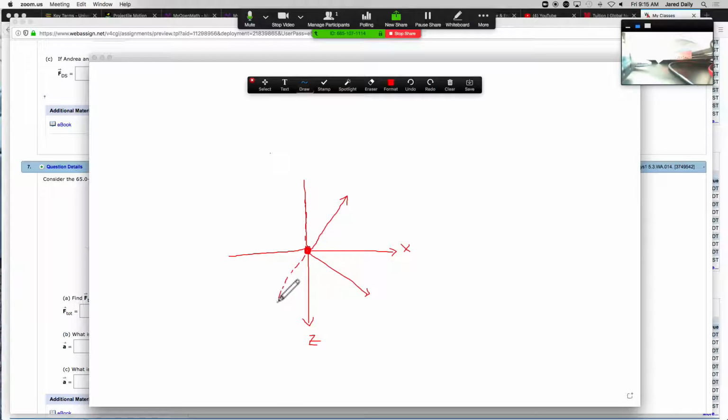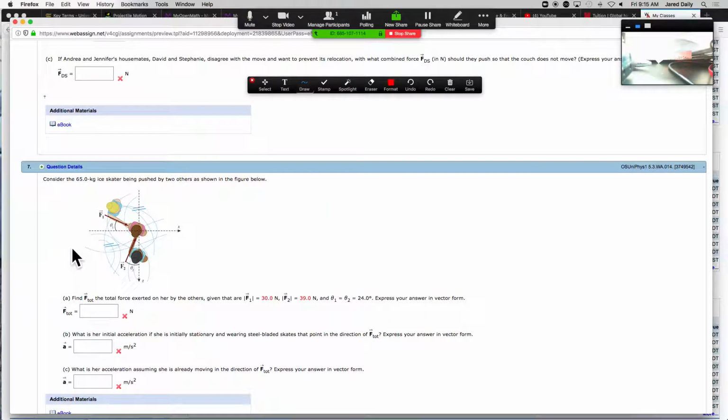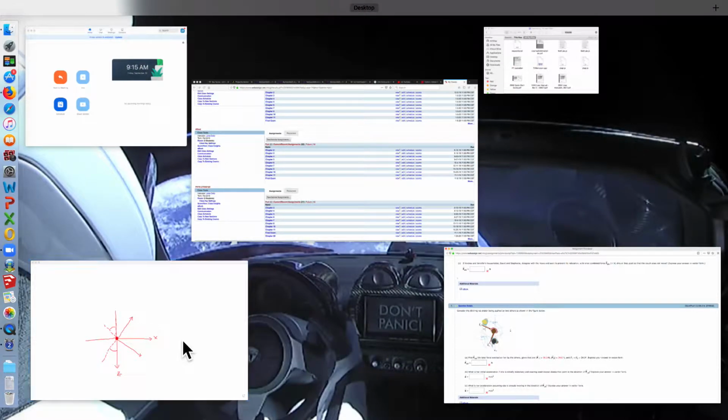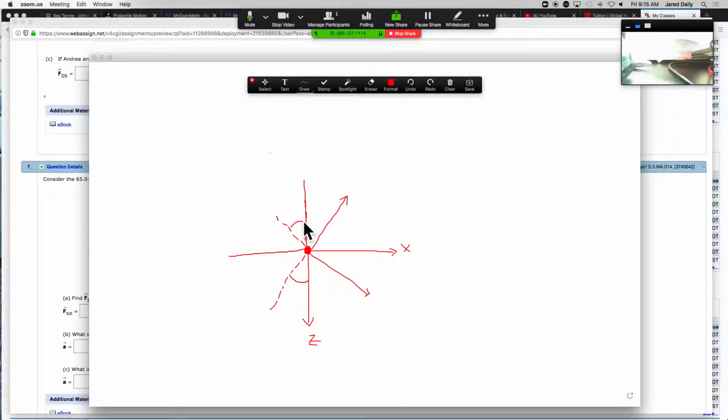If I extend this vector down here, they gave us this angle. Nope, they gave us the angle with the negative x-axis, so it's actually this angle that they gave us. These two angles are theta and theta, so we have to do just a little bit of geometry.